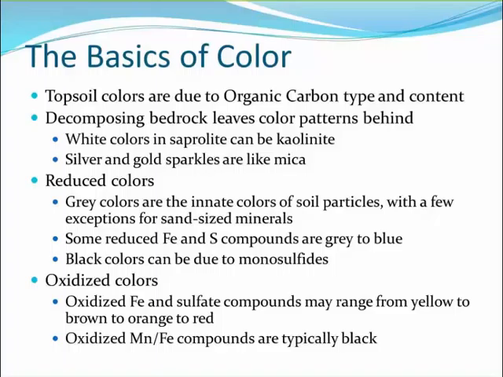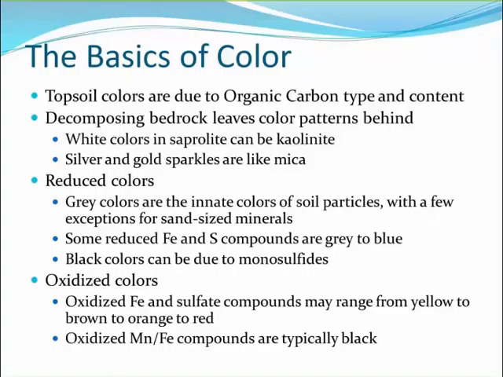And I have the other colors broken down into reduced colors and oxidized colors. What those two terms mean is really whether the individual elements are in a reduced state or an oxidized state. Reduced state means that the valence of the element is lowered because it has gained electrons. So why is that important?